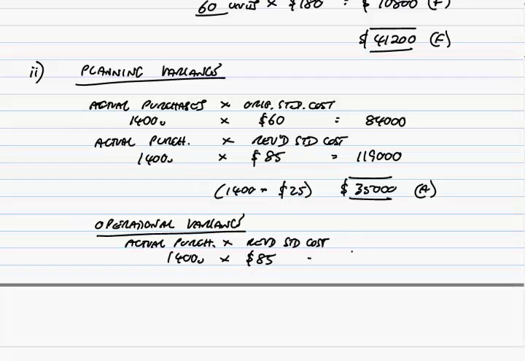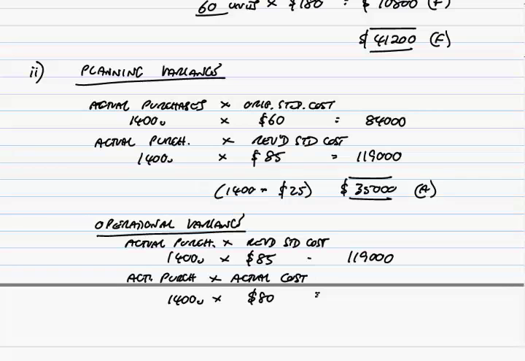And we already know that would have been 119. But now let's see what we actually paid per unit. So actual purchases again, but at actual cost. So those 1400 units, we actually paid, last line of note 2, we actually paid $80 a unit.